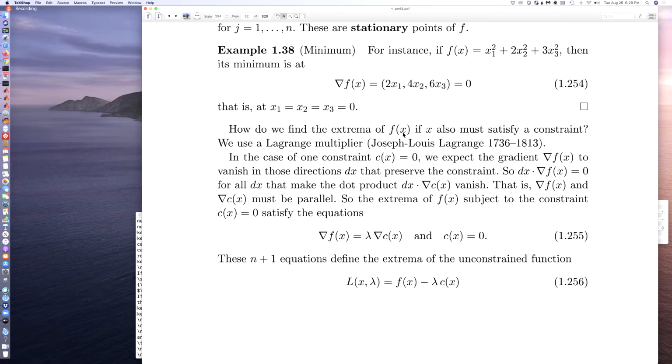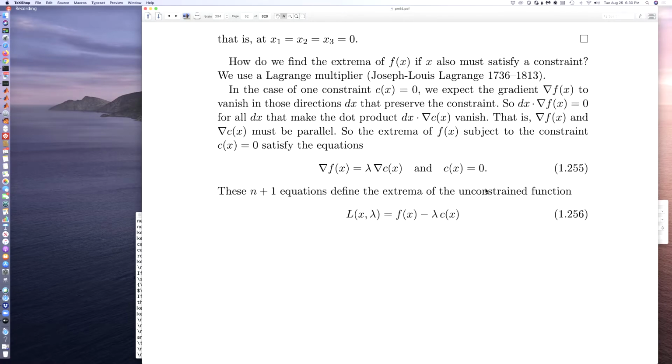So that's what's meant here. In other words, we're only interested in points that satisfy this equation, dx dot grad f equals 0, if dx dot grad c also vanishes. And so the way we satisfy both the constraint and the fact that the gradients are parallel is that we define a different function, which we call the Lagrangian.